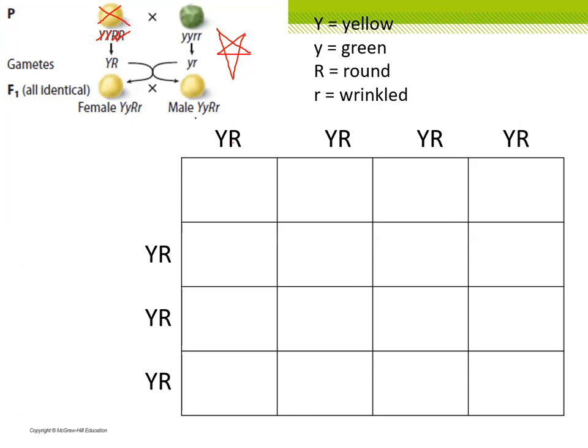What I now need to do is do my second parent. So again, I'm going to do the exact same thing here, right? I'm going to look at the first gene I can pass on. The first one I see is a green gene, lowercase y.